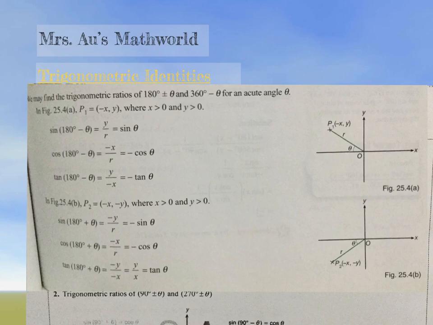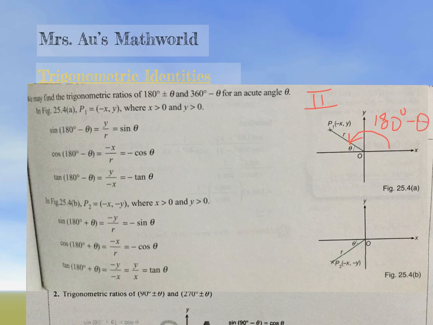For the first one, this is quadrant 2. You get the acute angle theta on the plane, and you can see that 180 degrees minus theta is handled in this way.